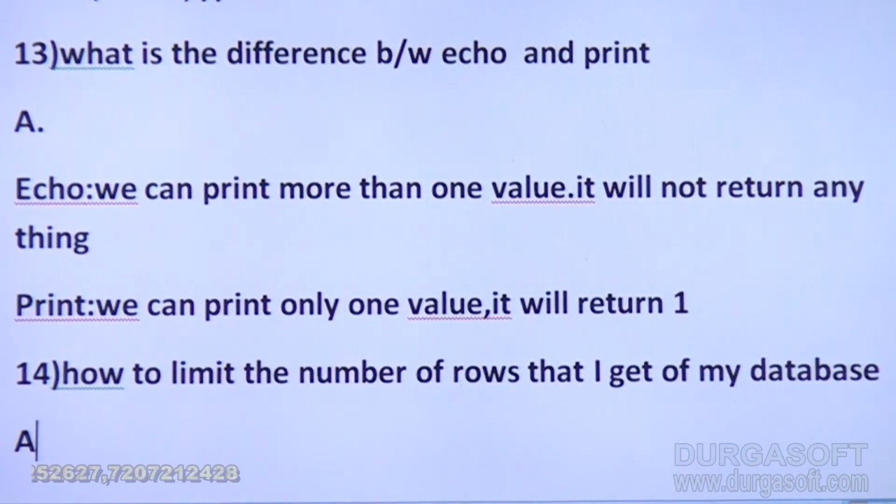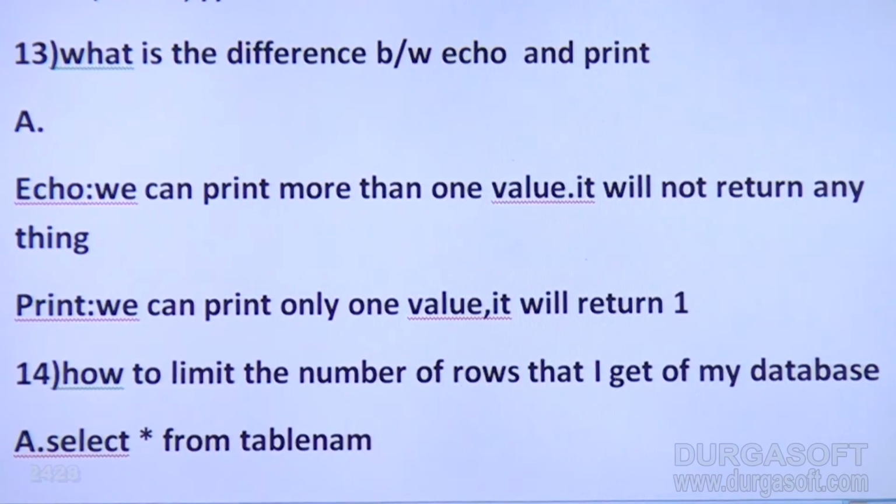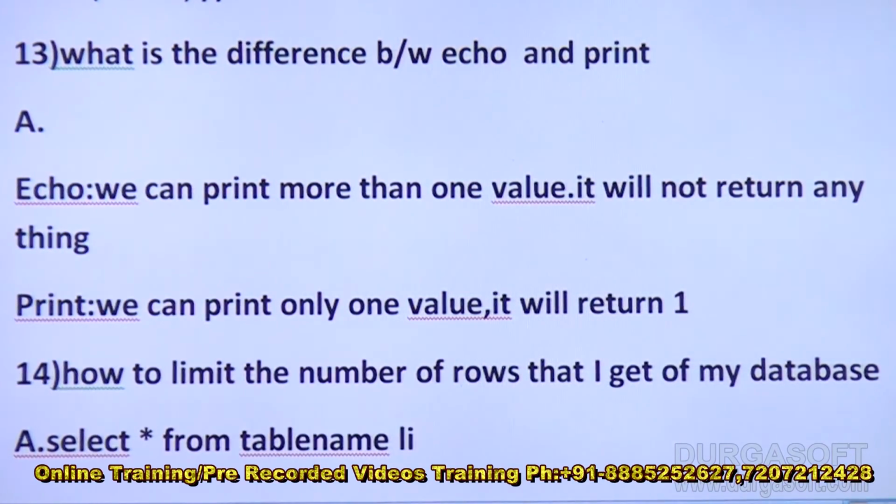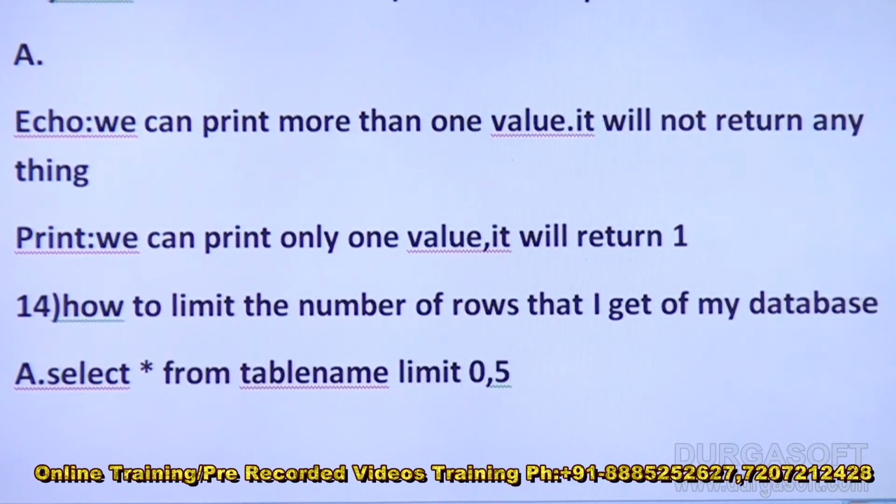By using the command select star from table name, and you have to represent the limit as 0, 5. When you write like this, what will it return? Here the 0 is the starting index, and the 5 is the number of rows.